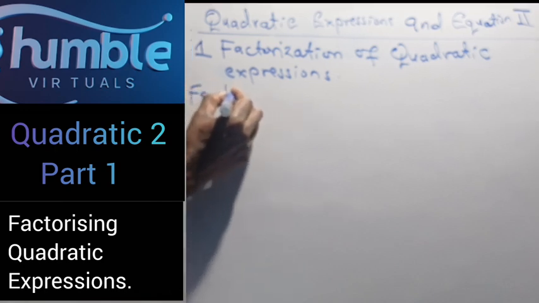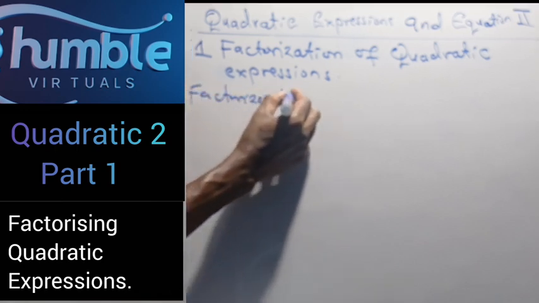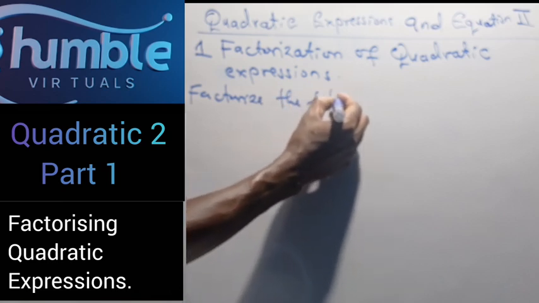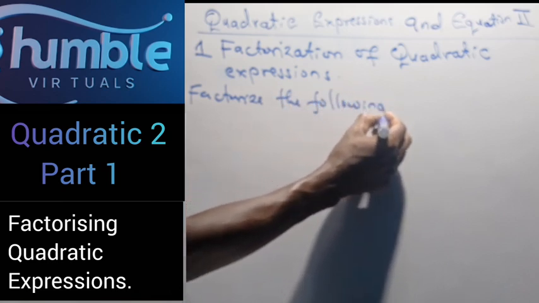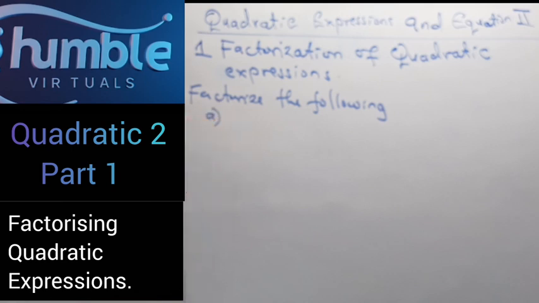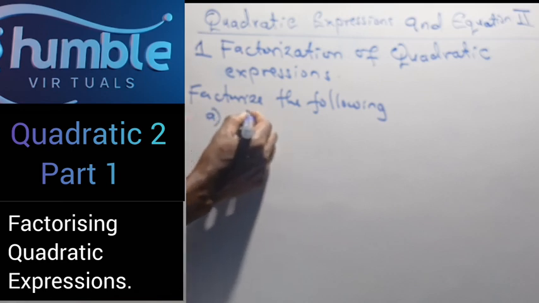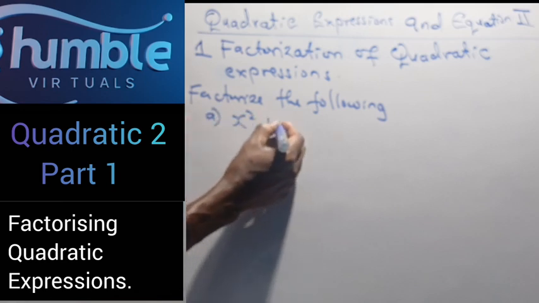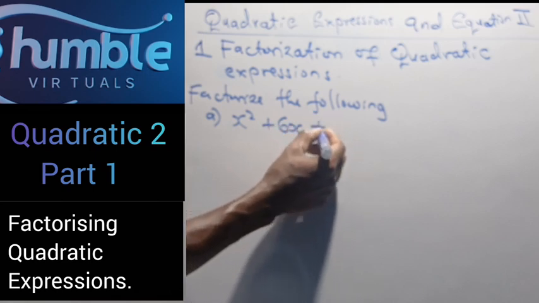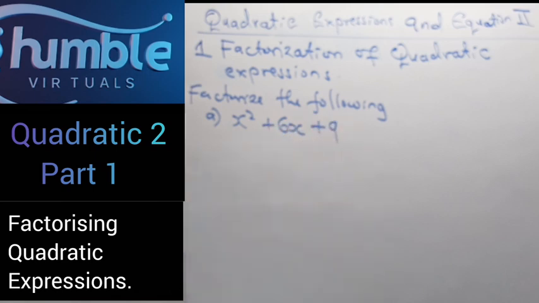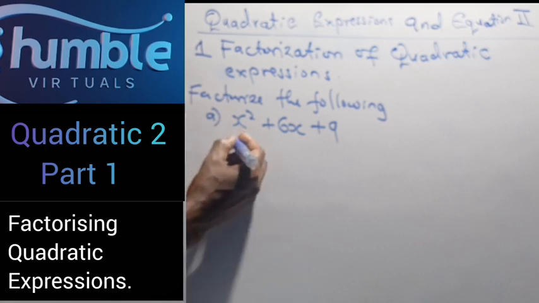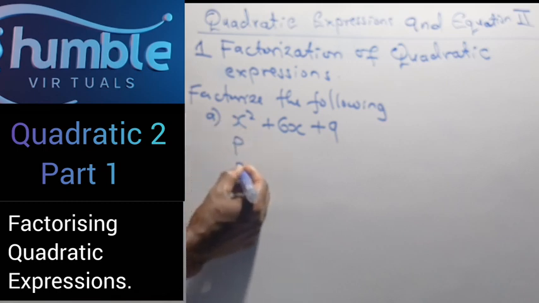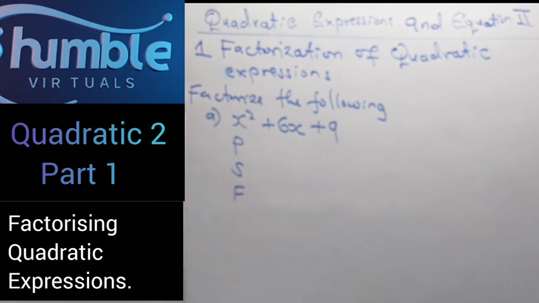Factorize the following. Part A, you have x squared plus 6x plus 9. To factorize quadratic expression, you need to know the product, you need to know the sum, and then the factors.